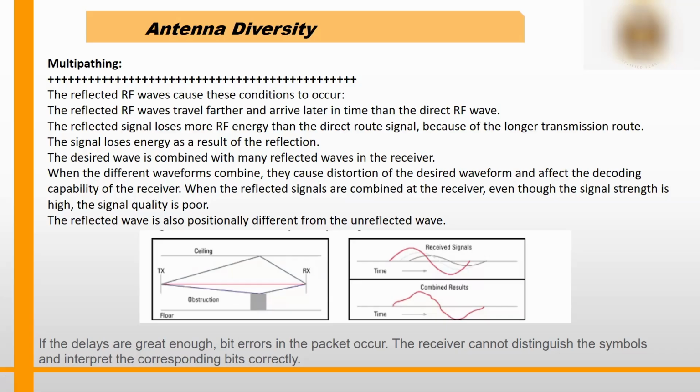When it gets hit by any object, it can reflect, diffract, or scattering can happen. Some part of the signal will be absorbed by the metal and some part will be reflected or scattered, depending on a few factors that we'll discuss in the attenuation time.